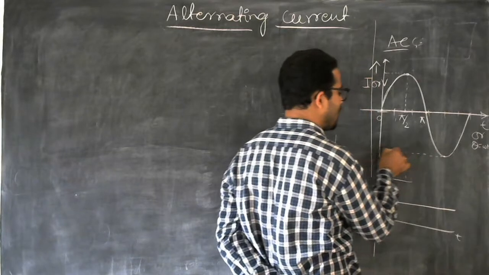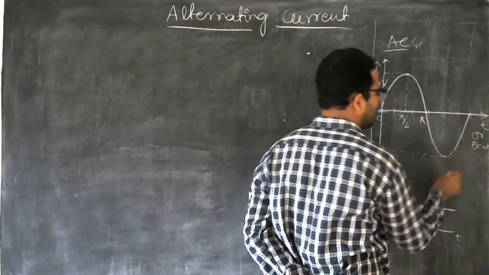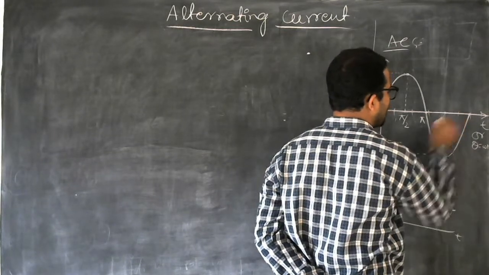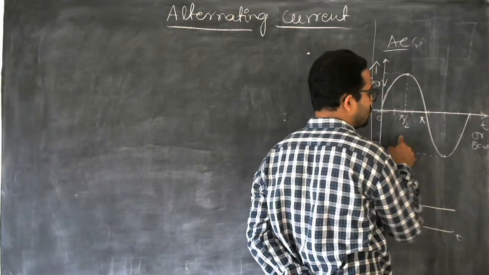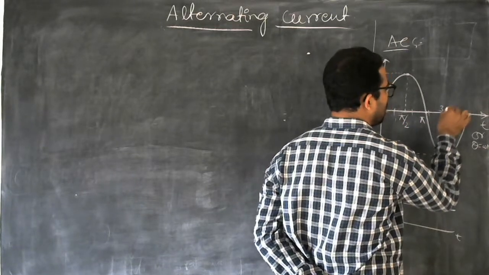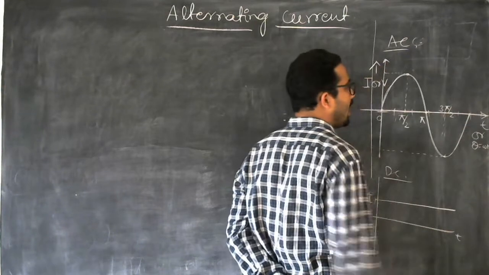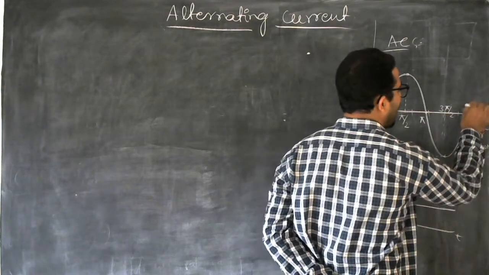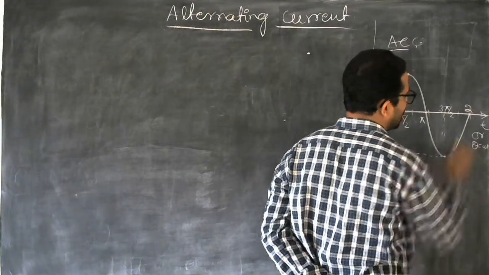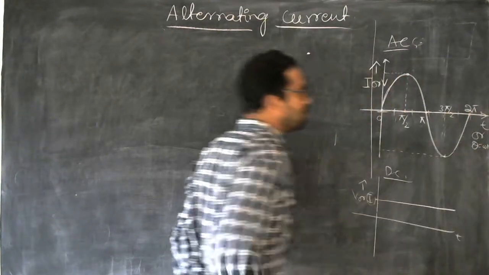The angle from here is pi plus pi by 2, so this becomes 3 pi by 2. Once the graph reaches here, the angle is 2 pi.